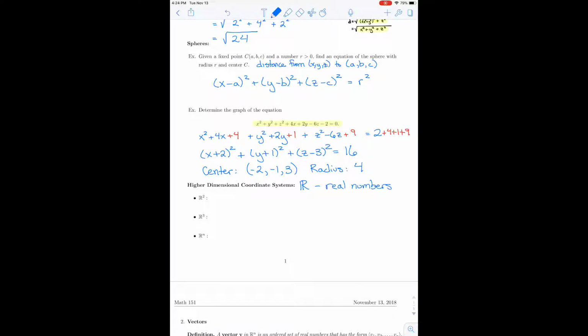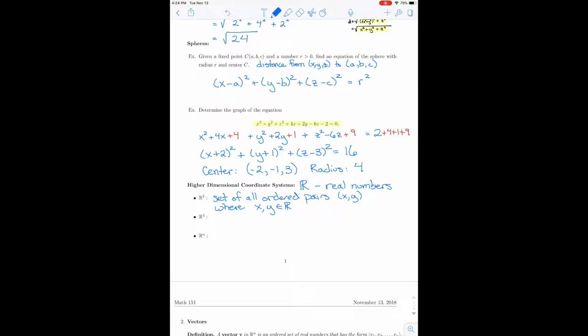When we talk about coordinates in the xy plane, we'll talk about R2. R2 is the set of all ordered pairs (x, y), where x and y are both real numbers.